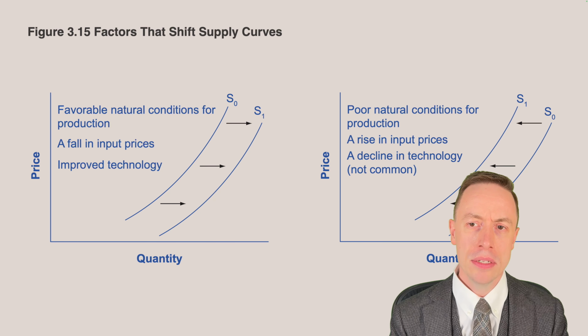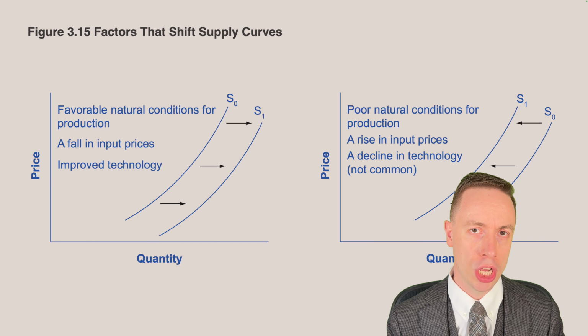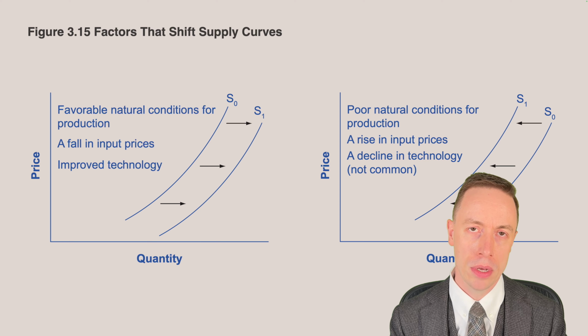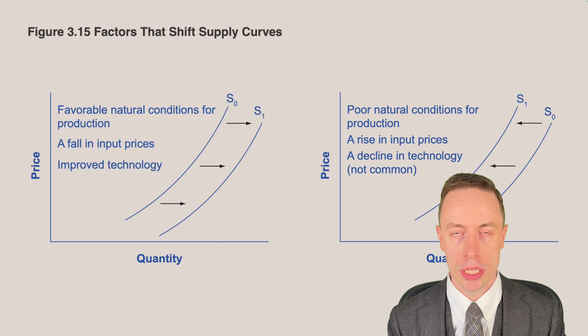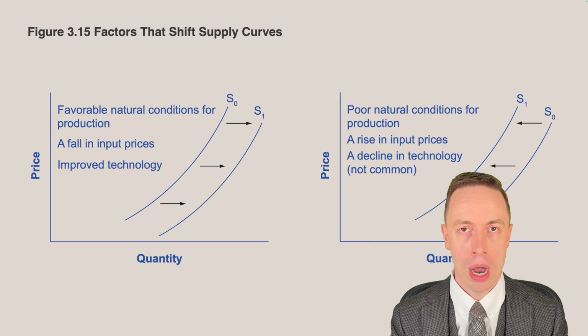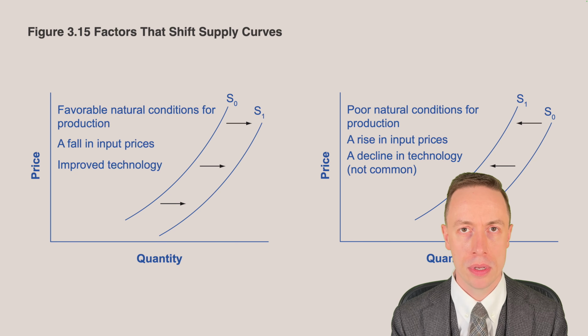So it can sometimes be difficult to distinguish between a change in input prices and a change in technology. The difference is a change in input prices refers to how much we have to pay for every one unit of input.